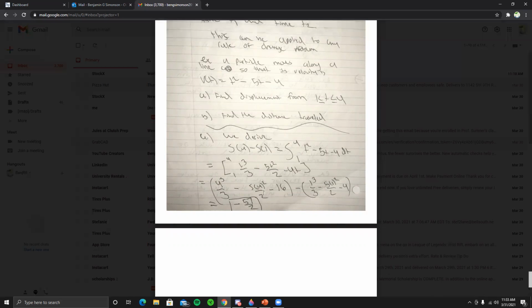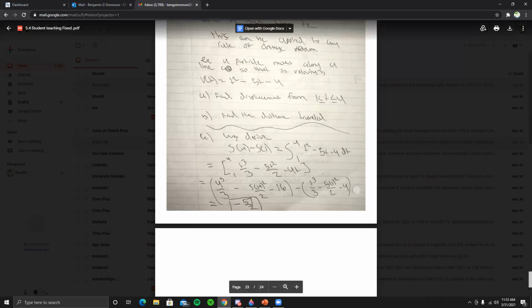It is also important to note that depending on the kinematics problem, the negative in negative 57 over 2 is just signifying which direction it's moving in. Most of these kinematic problems will either move right to left or up or down. So this would just mean that the particle is moving to the left instead of to the right.